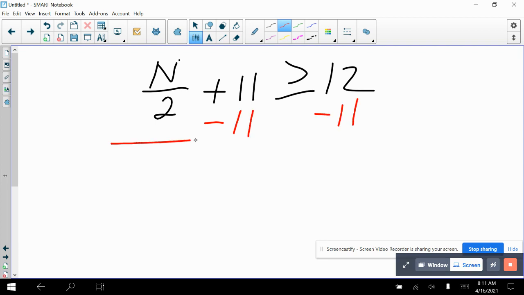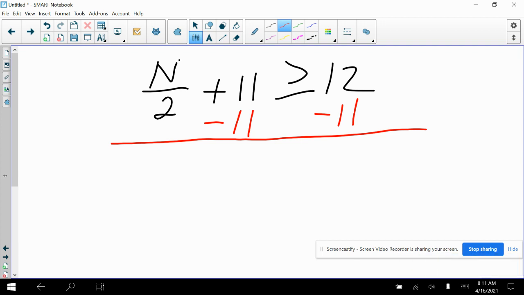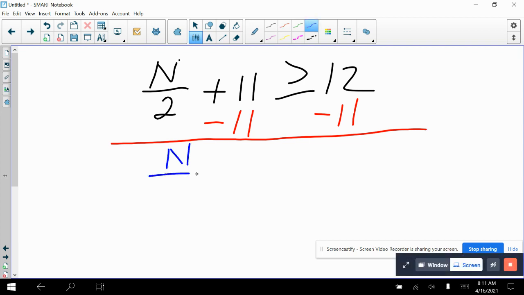Trying to get the variable by itself, we're going to apply the subtraction property of inequality. When we do that, we get n divided by 2 is greater than or equal to 1.